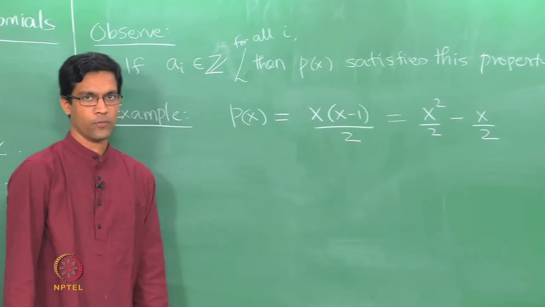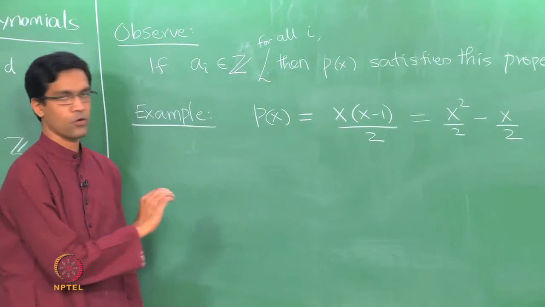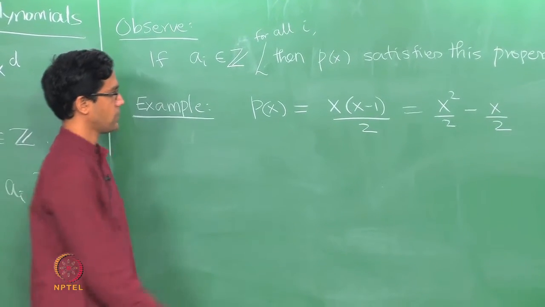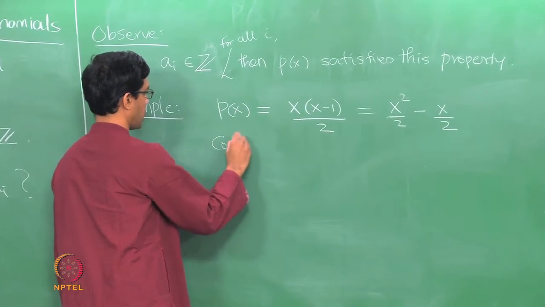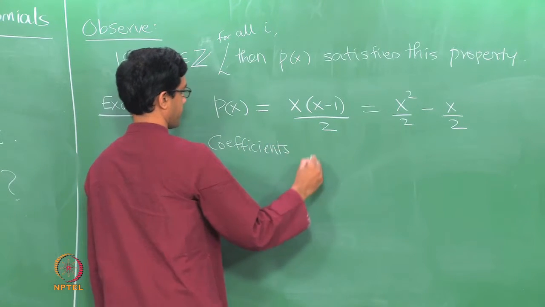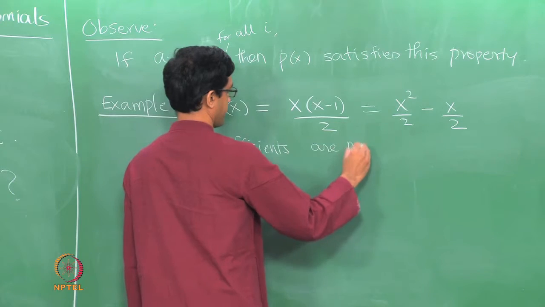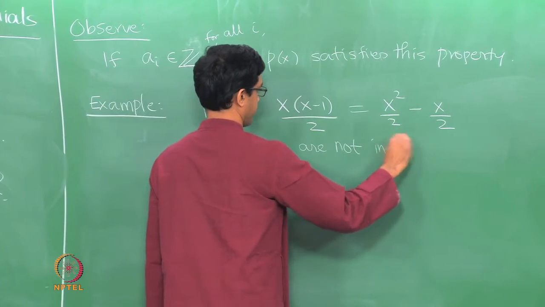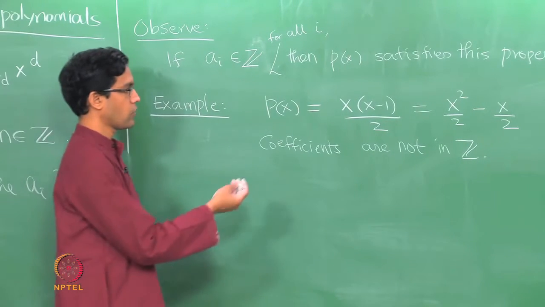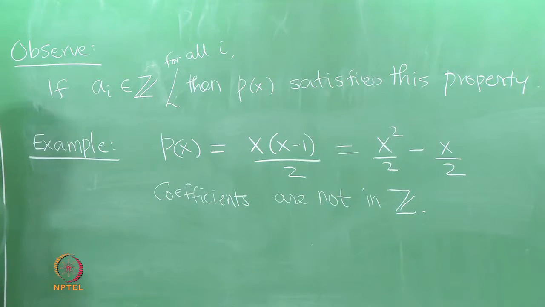So it is a degree 2 polynomial. It does not have integer coefficients because the coefficients are in fact half and minus half, right. So the coefficients are clearly not integers. Okay. Not all coefficients are integers, what you need in general. Here in fact both coefficients are not integers.